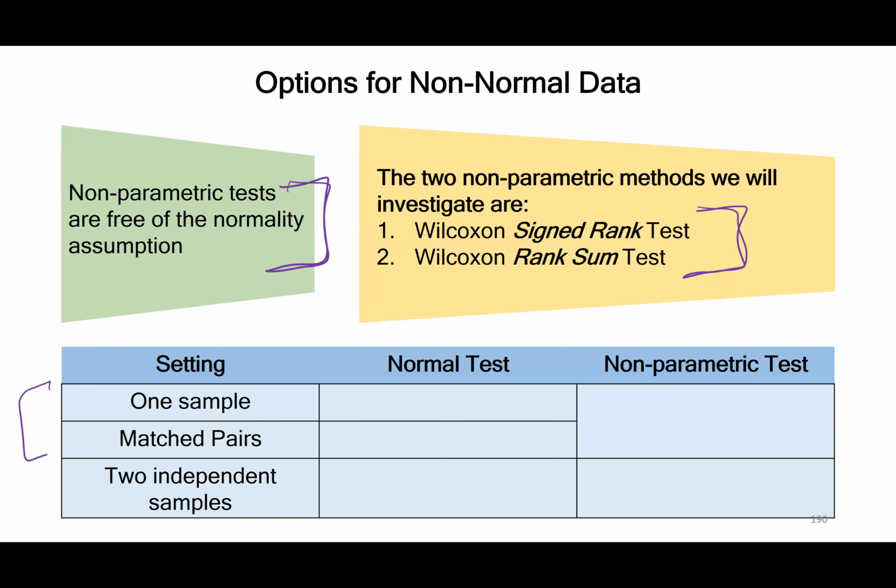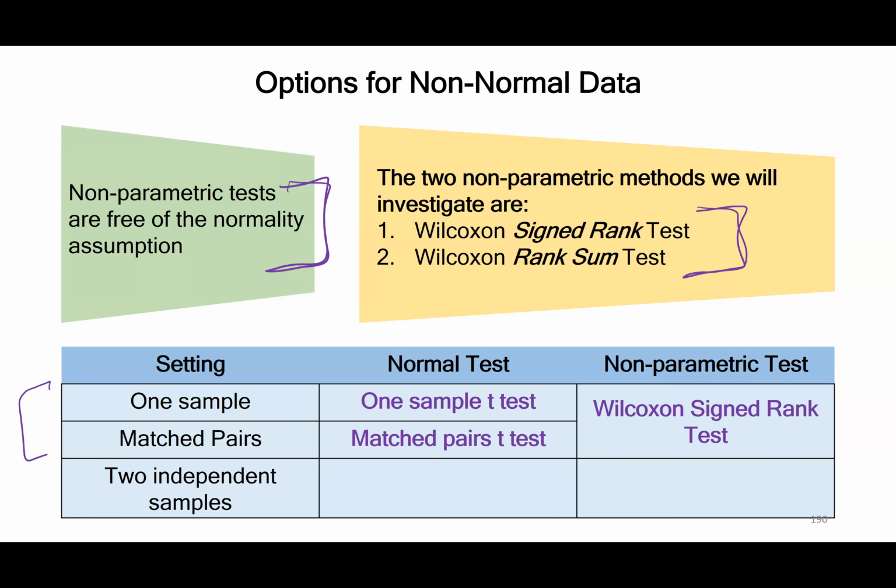When we have a one sample setting, with one quantitative variable from one population, we would look at a one sample t-test. If we had a matched pairs scenario, we would look at a matched pairs t-test. The non-parametric version of those tests is the Wilcoxon signed rank test.